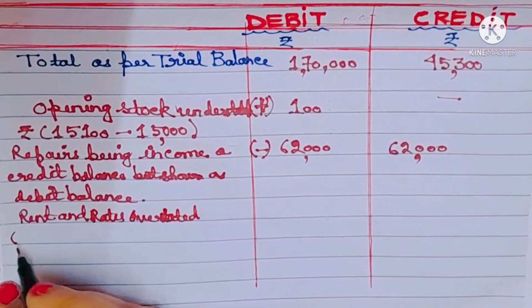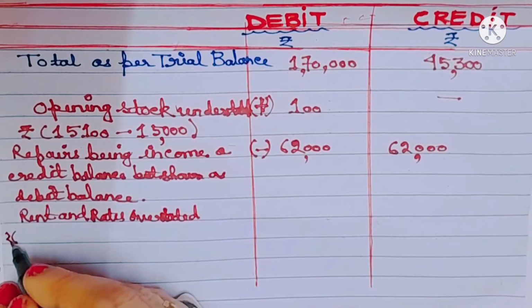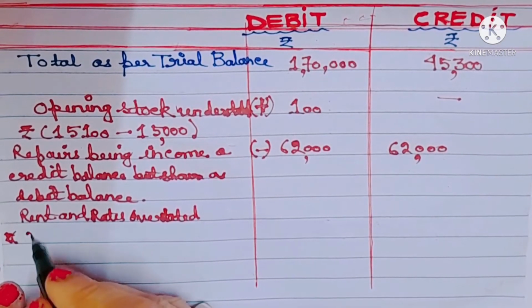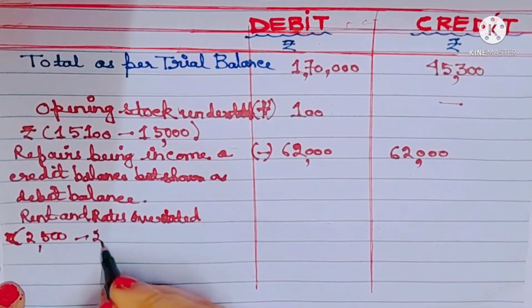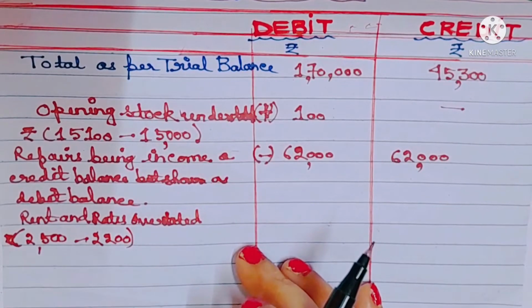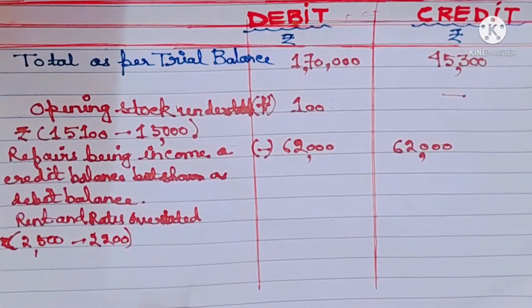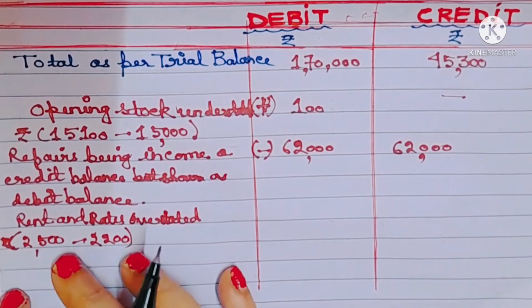Rent and rates should have been how much? 2,200, but they have written 2,500. Minus 2,200 from 2,500, that means they have written 300 extra. Understood? 2,200 should have been the figure, but they have written 2,500.